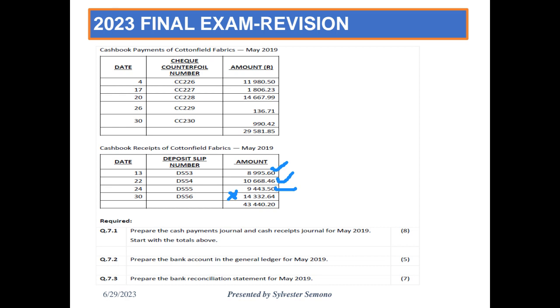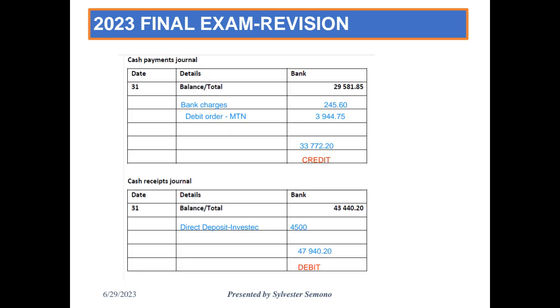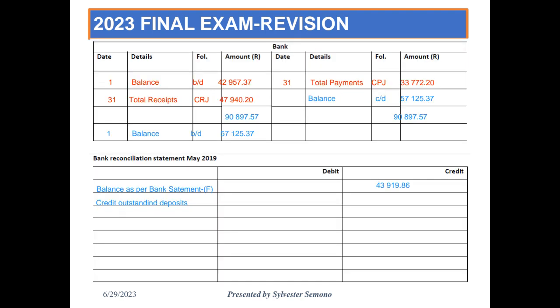So I'm gonna record it. Like you said, credit outstanding deposit, meaning I must go and record on the credits. Sir, are we not recording it with the document numbers?